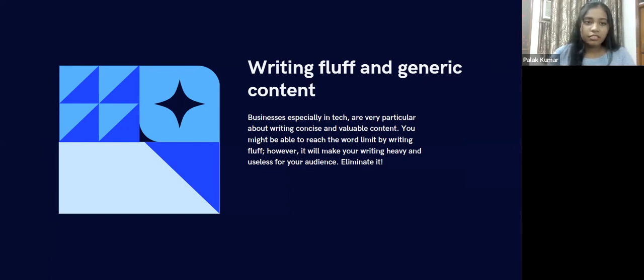And if any paragraph or sentence does not add value, or if it is repetitive, please eliminate it. Also, most of the time, you'll be working with word limits. And when you write concisely, you might sometimes even fall short of words. Like if it's an 800 word blog, you might end up at 650 or 750. In most cases, 50 to 100 words below the word count is okay. But fluff, especially in tech content, is not at all acceptable.